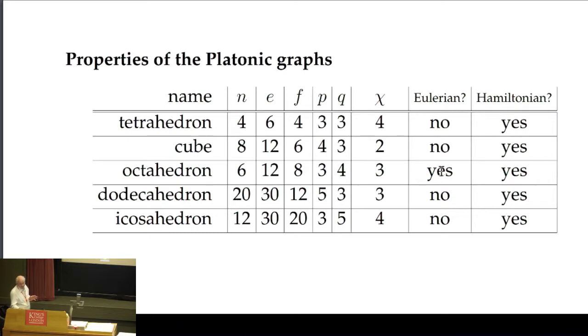To say, for example, the dodecahedron is Hamiltonian means that inside the dodecahedron there's a subgraph that looks like a necklace that goes through every vertex exactly once, and it doesn't go through the same vertex twice.